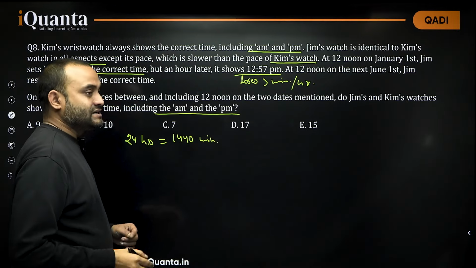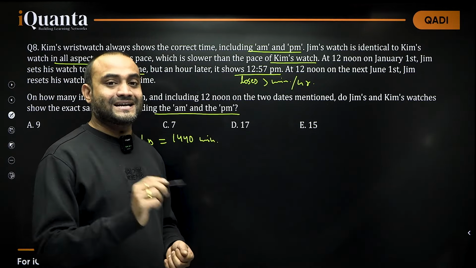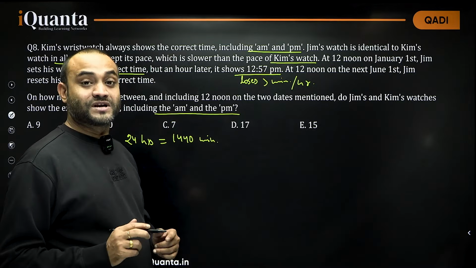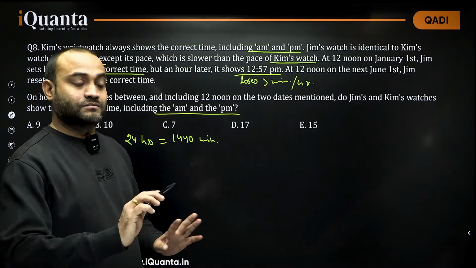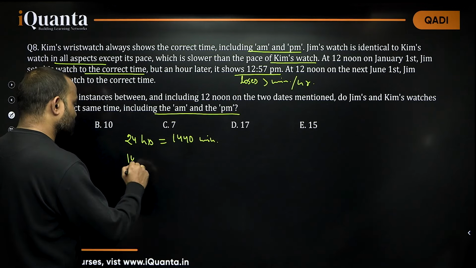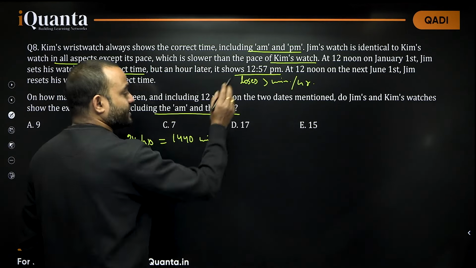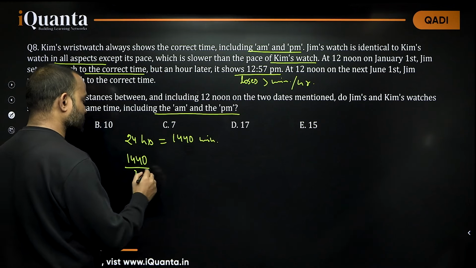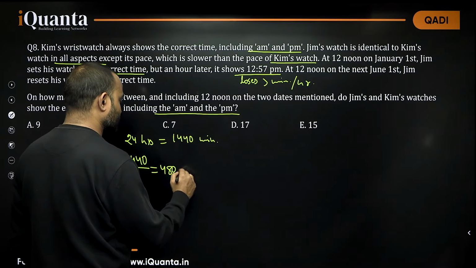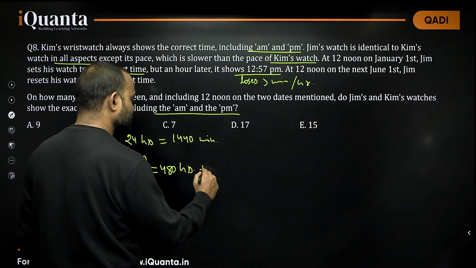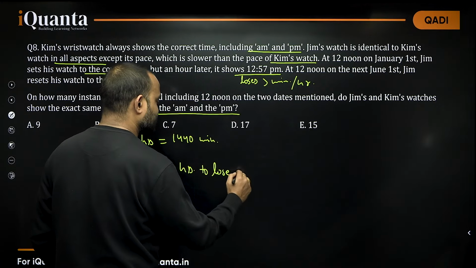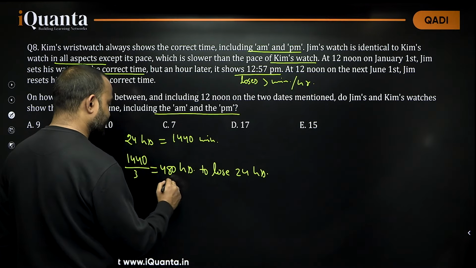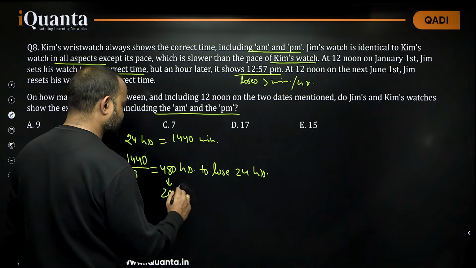So when Jim's watch is exactly 24 hours behind Kim's watch, it will show the same time with AM and PM. So it loses 3 minutes per hour. So it will take 1440 divided by 3, that is equal to 480 hours to lose exactly 24 hours. And 480 hours is nothing but 20 days.